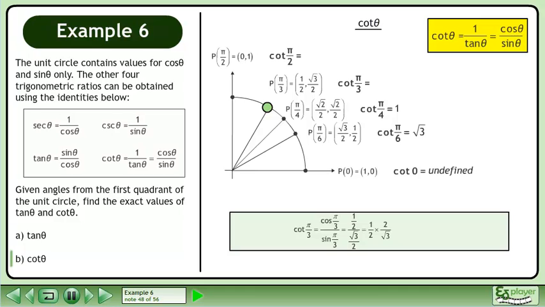Multiply the numerator by the reciprocal of the denominator. Multiply to get 1 over the square root of 3. Rationalize the denominator. Multiply the numerator and denominator by the square root of 3. This gives us the square root of 3 over 3. The exact value of cotan pi over 3 is the square root of 3 over 3.